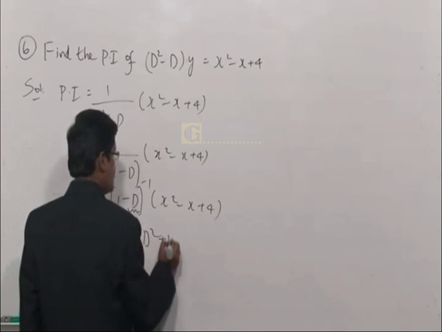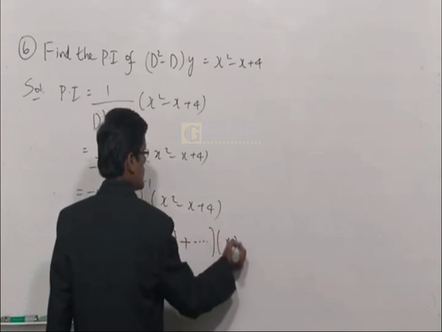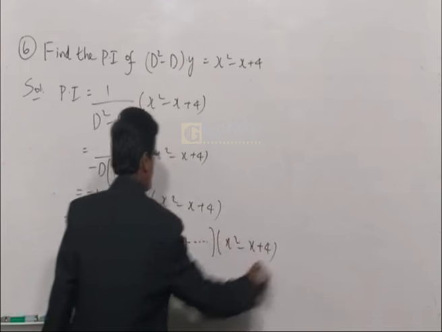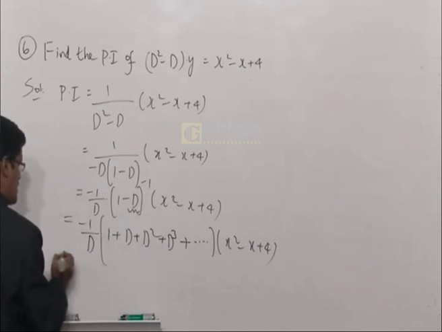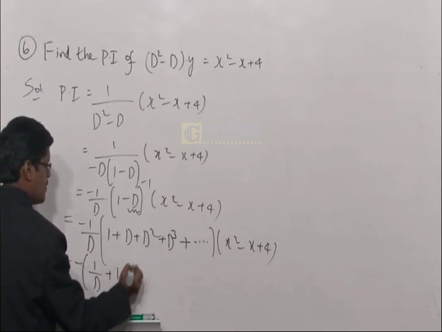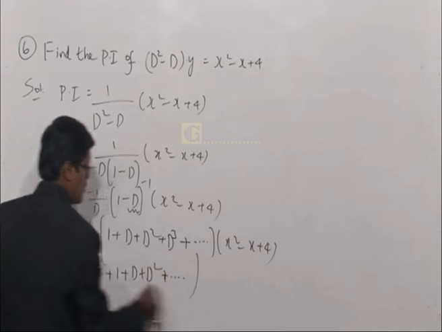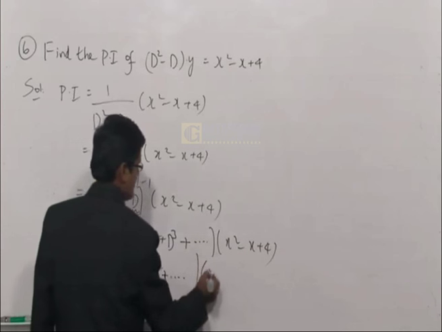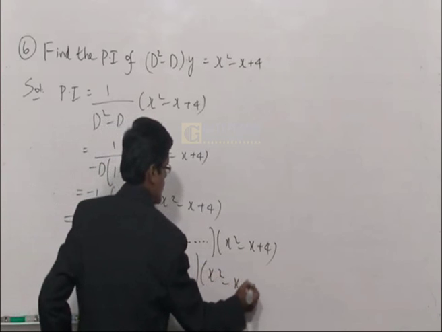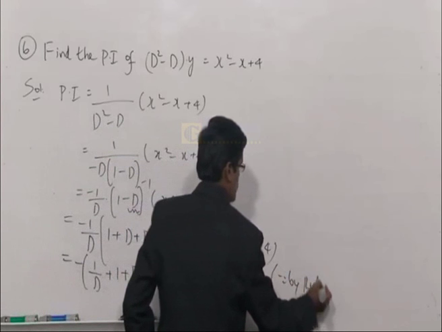So in this case you need one more term, plus D cube and so on, into x square minus x plus 4. Now send this 1 over D inside: minus of 1 over D plus 1 plus D square, and you can put etc., because here we require the term D square, since by rule 3.